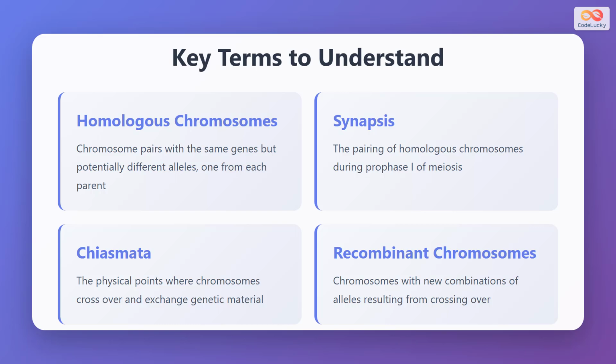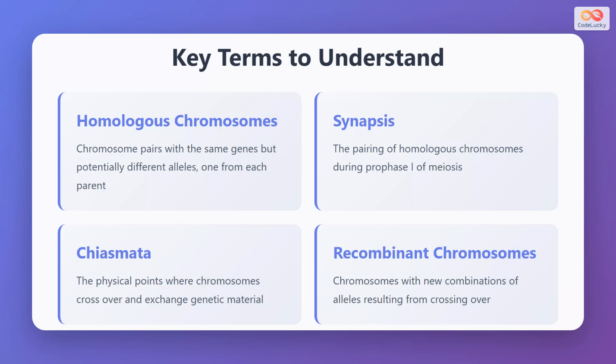To fully understand crossing over, you need to know 4 key terms. First, homologous chromosomes are chromosome pairs with the same genes but potentially different alleles, with one chromosome from each parent. Second, synapsis is the pairing of homologous chromosomes during prophase 1 of meiosis. Third, chiasmata, which is plural for chiasma, are the physical points where chromosomes cross over and exchange genetic material.